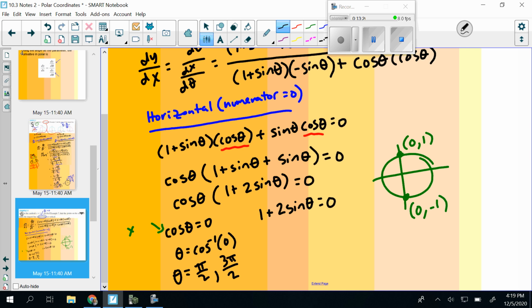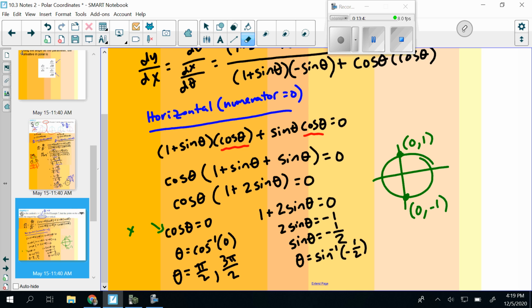If we're going to solve this other one, let's subtract the 1 over, and divide by 2. So here we want to know where is sine equal to negative 1/2. Again, to solve this, if you've got a calculator available, you could do sine inverse of negative 1/2, and you could find it that way. Otherwise, again, think of the unit circle.